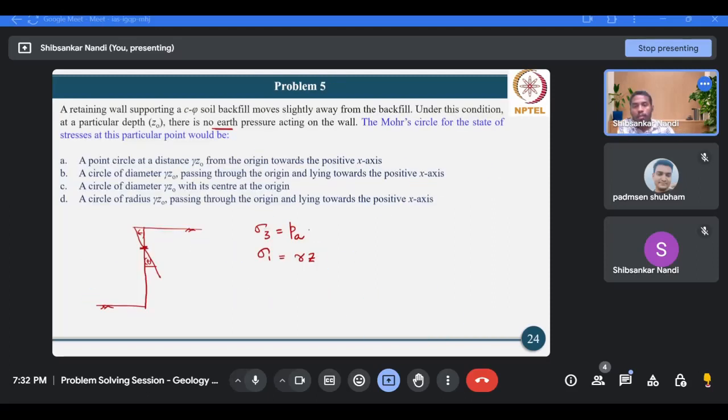Okay. So now, is it fine? This active earth pressure is 0 at this point, and sigma 1 is gamma z0. Suppose this is your z0. Now, if we draw the Mohr circle with this state of stress, how will it look? This is your tau axis, this is your sigma axis. So the Mohr circle will look like this.